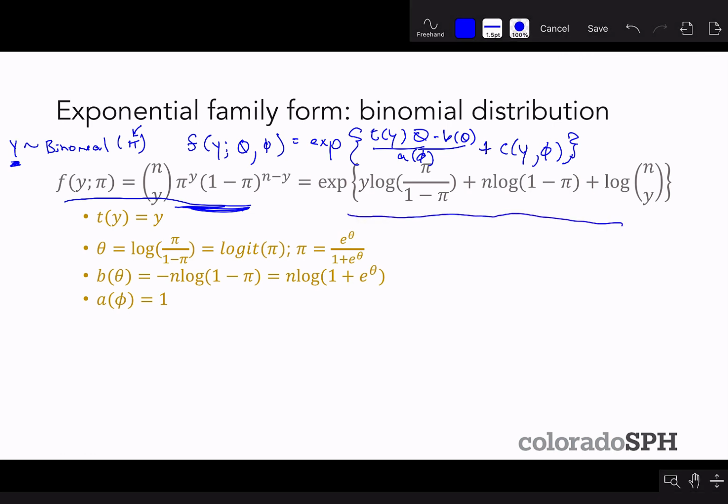And now you can see the nice pieces of the exponential form where you have y here. So t of y equals y. Theta is equal to log pi over 1 minus pi. A of phi is equal to 1. We just don't have a nuisance parameter for this particular distribution, and that's okay. And then b of theta is this term here.